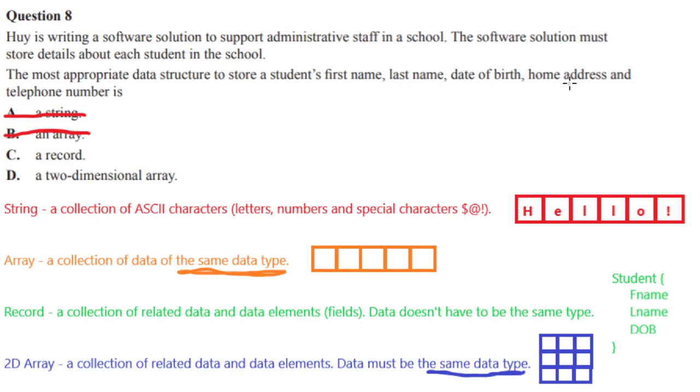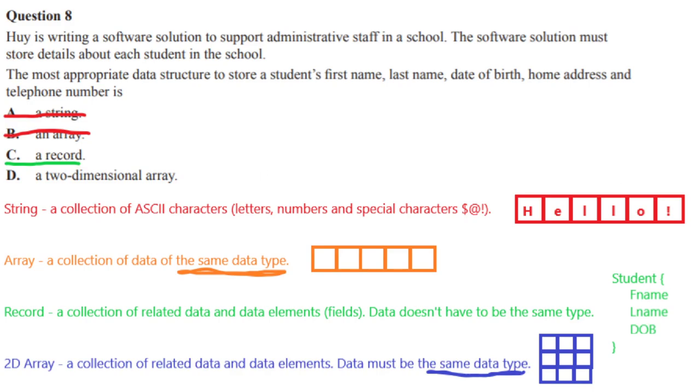Home address, that could be a string as well. And telephone number sometimes could be a string if you've got things like dashes or brackets in there. Otherwise, it's usually just stored as a number. So we've got a mix of data types that we need to store. So this is a very promising looking one, a record.